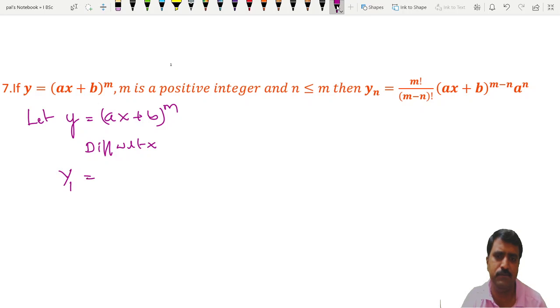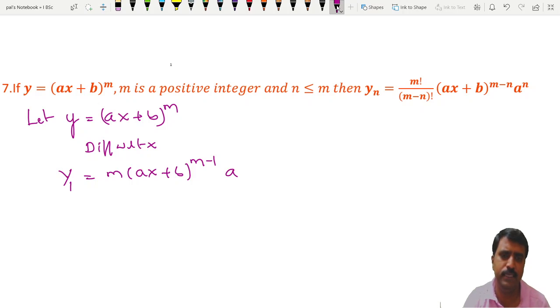Differentiation of y is y1. y1 is equal to differentiation of, it is in the form of x to the power n. Differentiation of x to the power n is nx to the power n minus 1. Differentiation of ax plus b to the power m is m into ax plus b to the power m minus 1, again into the differentiation of ax plus b, which is a.